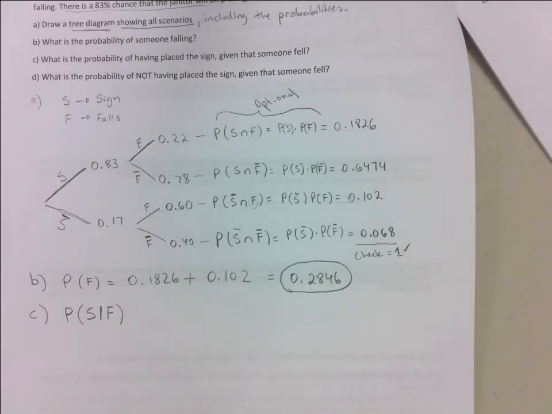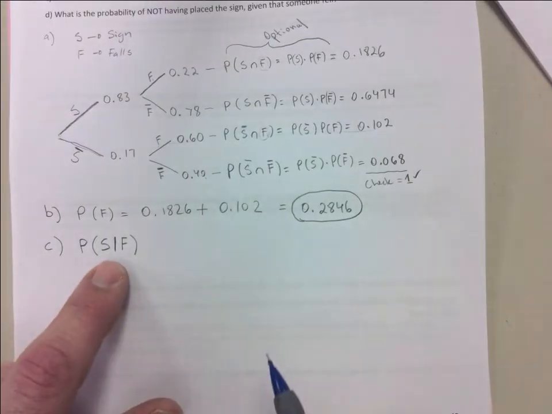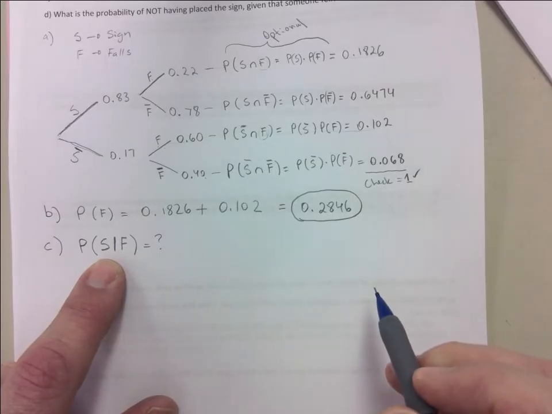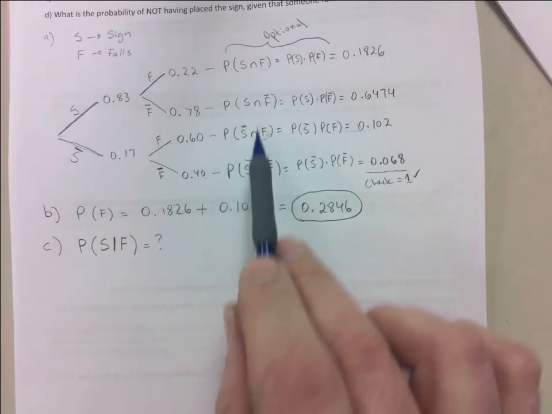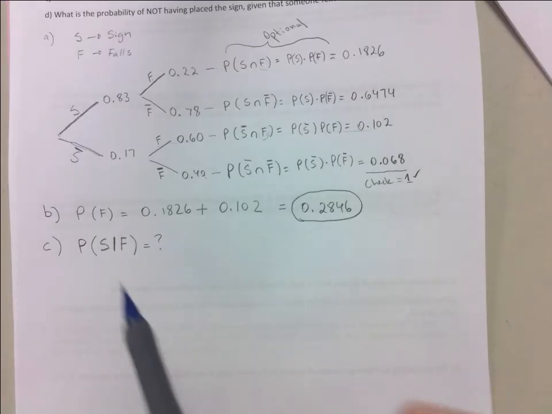That is what this question is asking. Okay, guys, that's the notation for that. So it's asking, what is that probability? And you cannot just go grab it from your table, your outcome diagram. You have to calculate that.